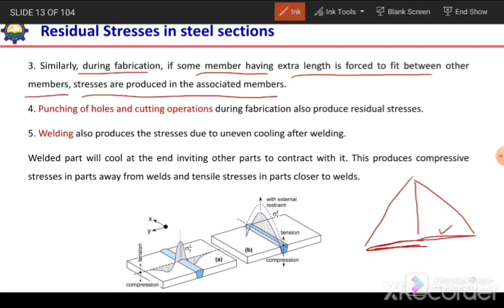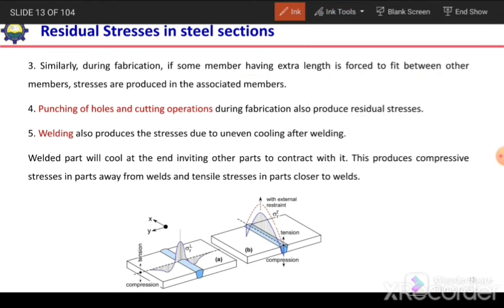This stress is without the application of external load; it is just because of the fabrication error. This type of stress is termed residual stress, and it will remain present in the member even without the application of load.